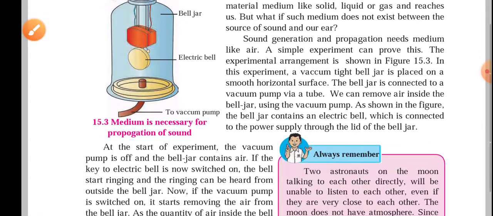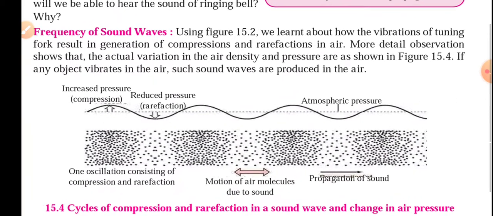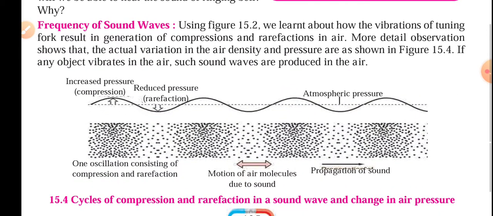Let's go ahead. Now what we have to study next is the frequency of a sound wave. As we know, sound propagates in the air. Then there are portions in that wave, portions of a peak and a low peak.